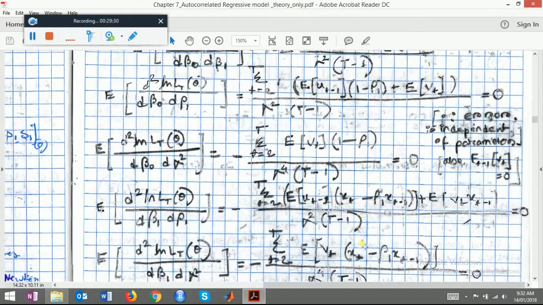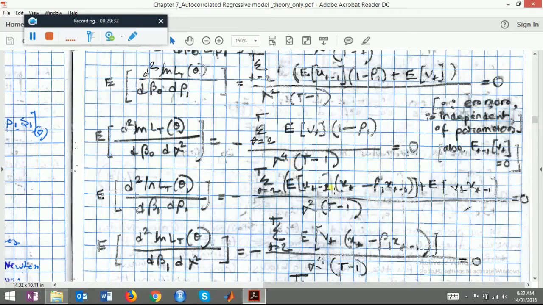Beautiful. Then come beta naught and sigma squared. For beta naught we have 1 minus rho, which is z1. For sigma squared we have vt, the residual, IID.